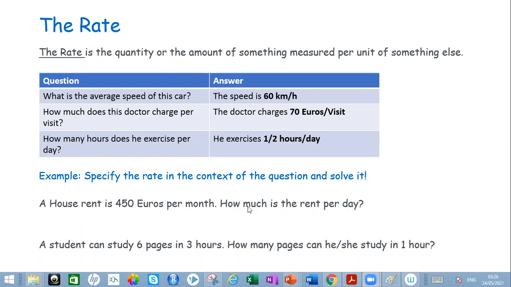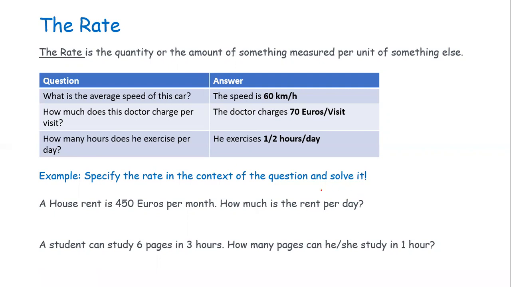So based on the context of the question, we can notice that the rate here is actually the rent per day, or in other words, the amount of euros that is to be paid per day.